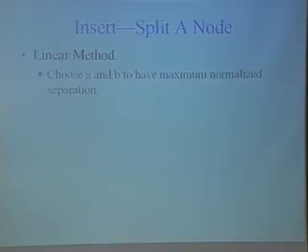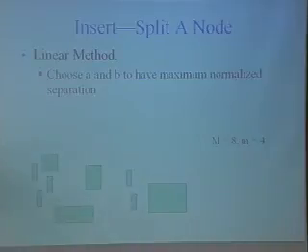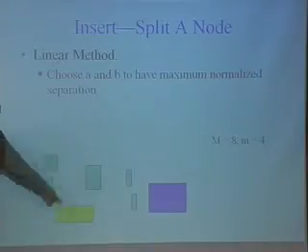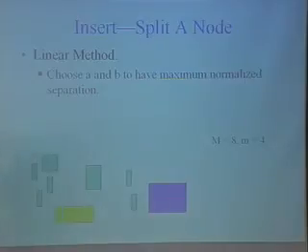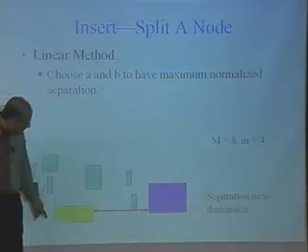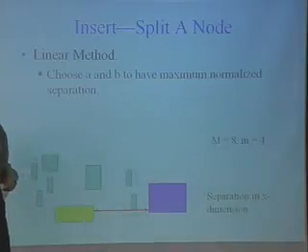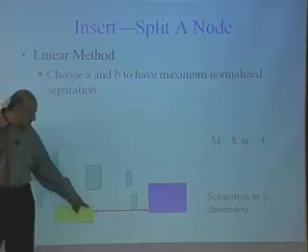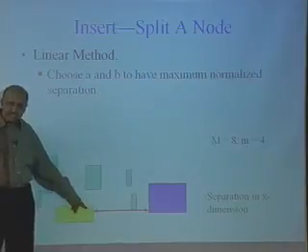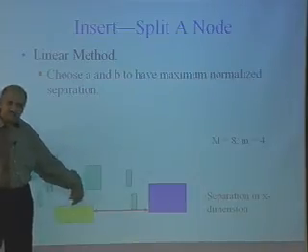All right. There's a linear method. Over here, you look at normalized separation. So if you take two rectangles, you measure their separation in the x direction, which is defined as follows: you take the largest left edge and the smallest right edge of the two rectangles, and subtract the distance.